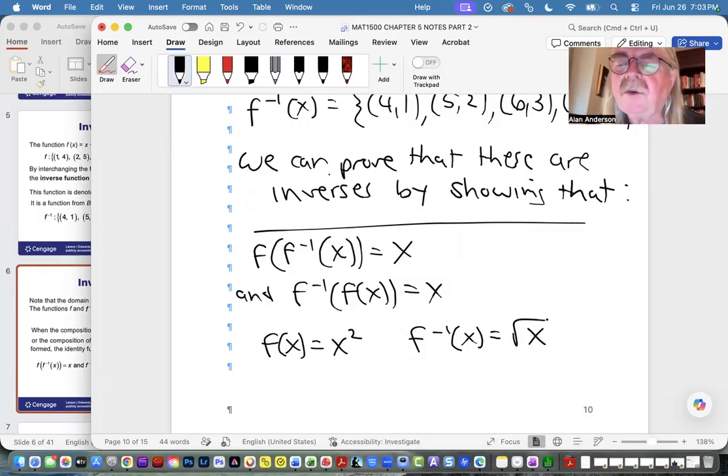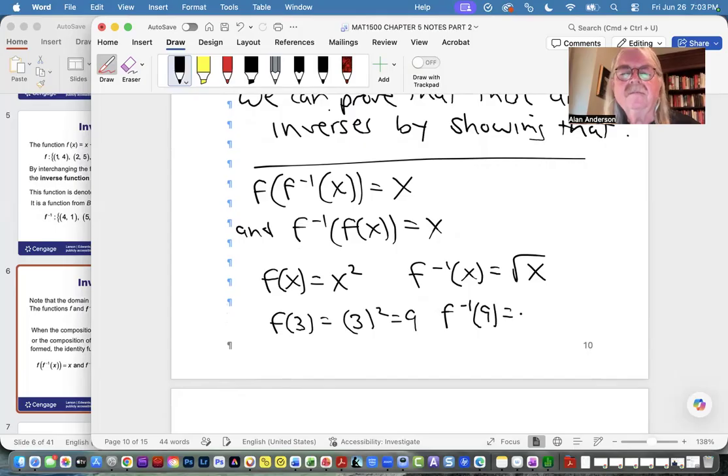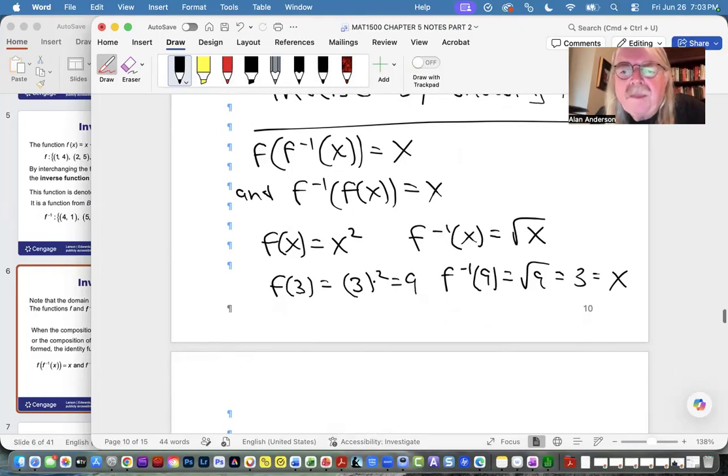It makes sense that x squared and the square root of x must be inverses of each other because if you do something like this, the two are offsetting each other. 3 becomes 9 with the original function. 9 goes back to 3 with the inverse. So that's how you know.